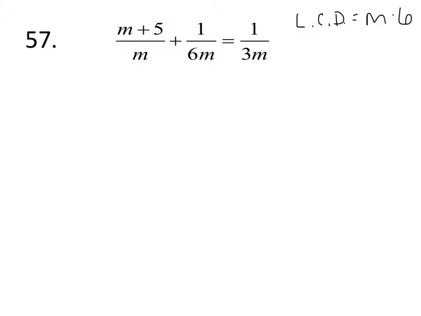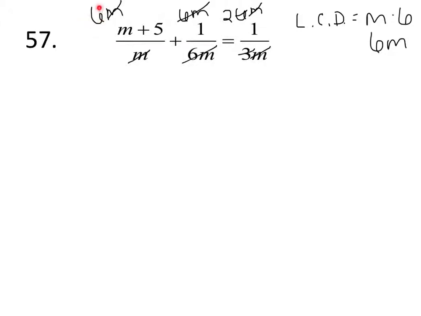And then I need a 3M, but I already have an M, and I already have a 6, so 3 is okay because 3 goes into 6 perfectly. So my LCD is 6M. And that gets multiplied by every piece to see what cancels. Here your M's cancel, here your 6M's cancel, here your M's cancel, and 6 divided by 3 is 2.